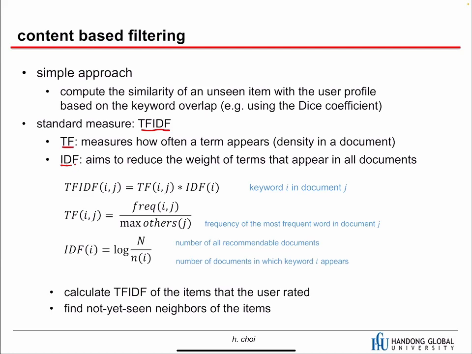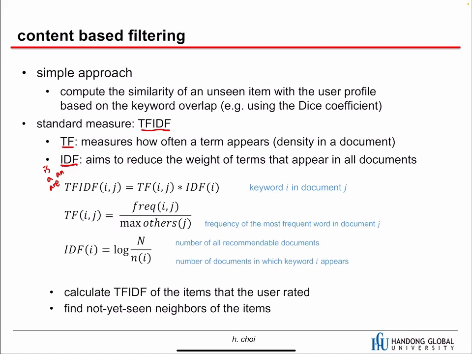So TF says if one term appears a lot in a specific document, then this term is important. But IDF says if this term appears everywhere in all documents, then this term is not important. Something like is, or a, or on, or are. These words are not important because they appear in all documents.